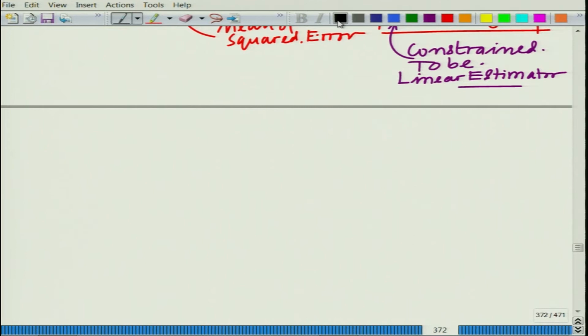So, we want to consider this quantity, expected value of norm of x hat minus x bar square.